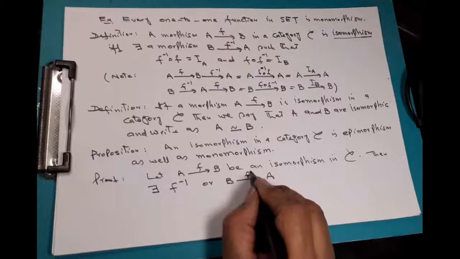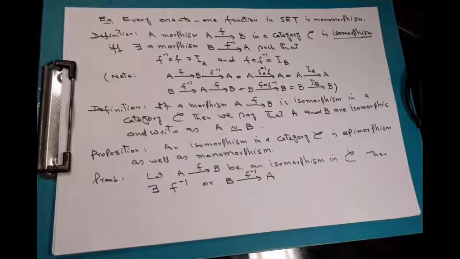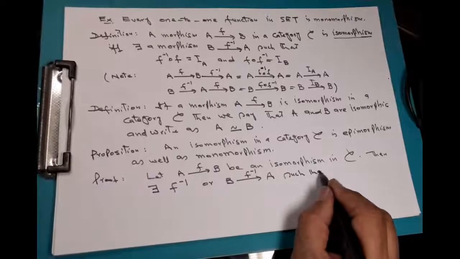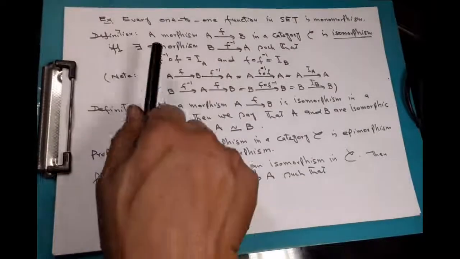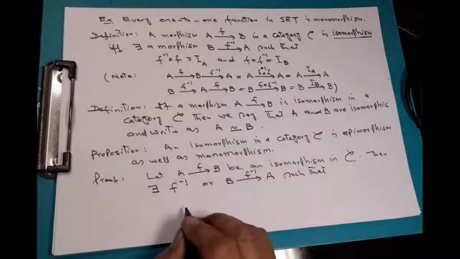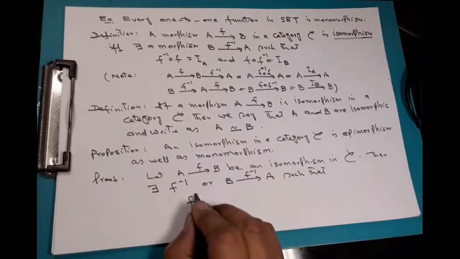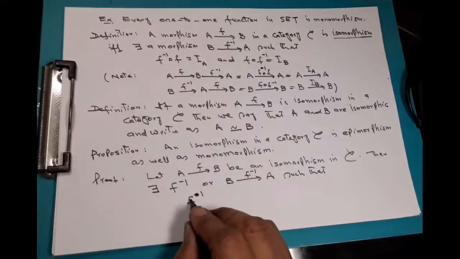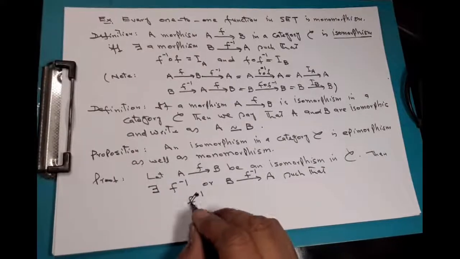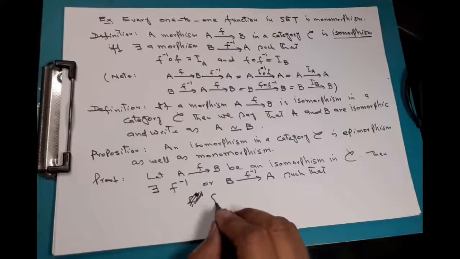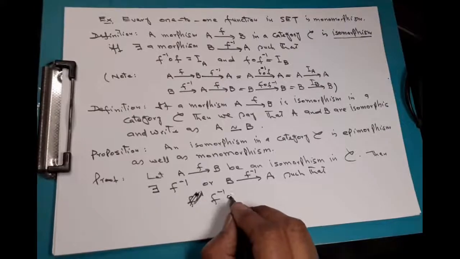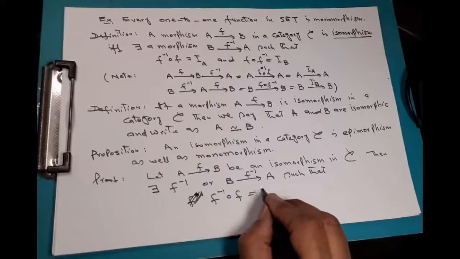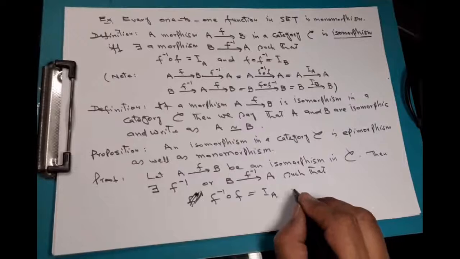There exists a morphism F inverse from B to A such that, these are the two conditions we have written above, such that F inverse circle F is equal to identity of A. Let's call it 1.